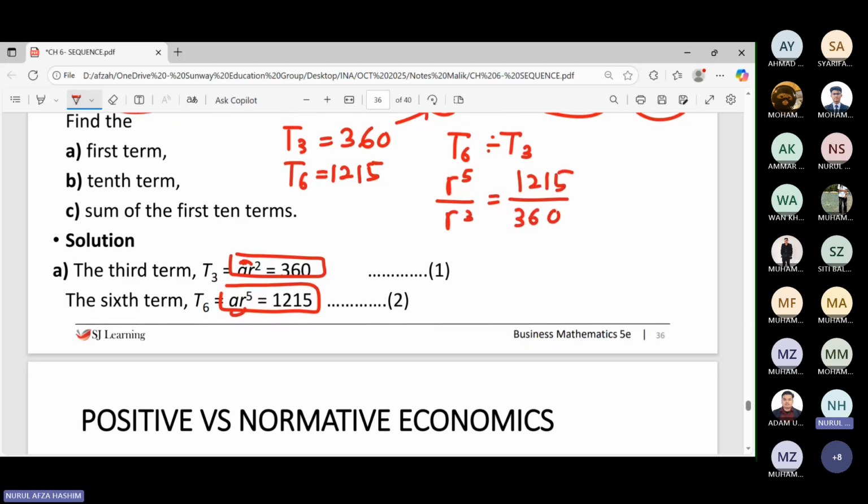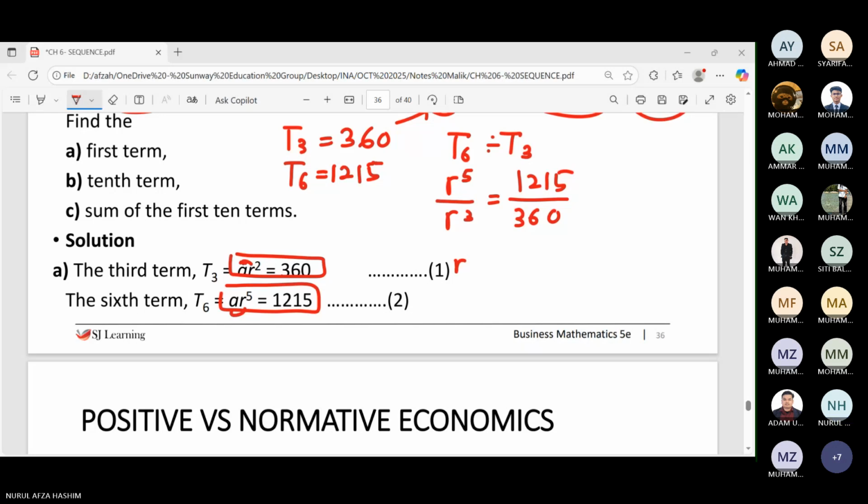So R power of 5 divided by R power of 3. How much will it be? Index number. You already learned that during your high school, Form 2.